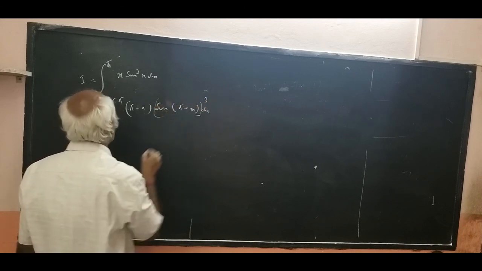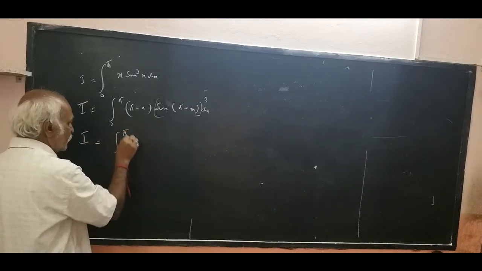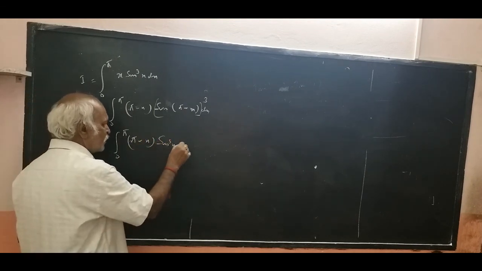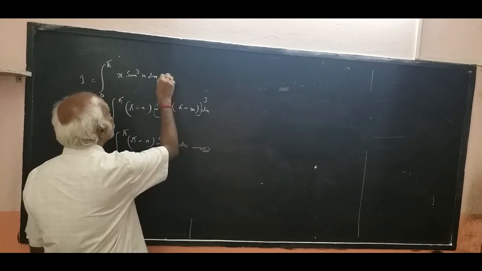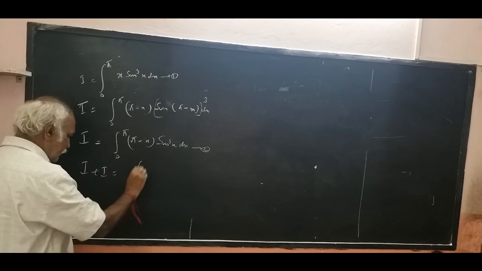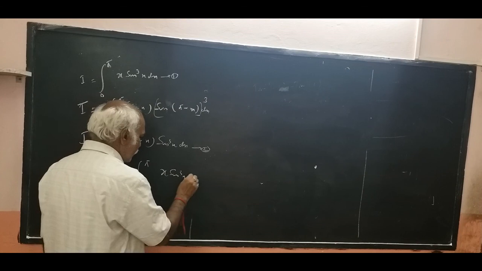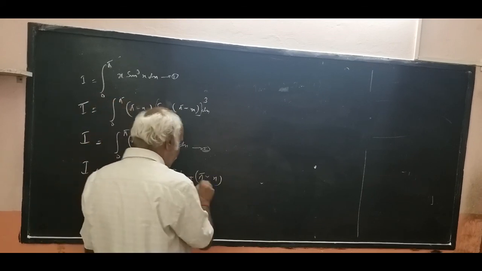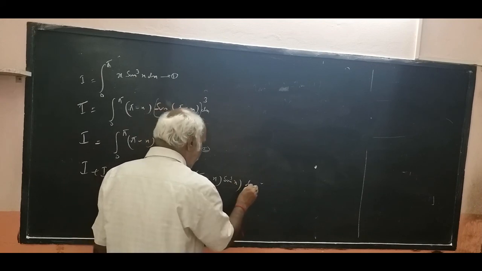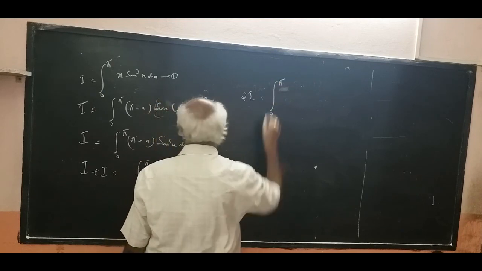So this becomes I is equal to 0 to pi, pi minus x into sin 180 minus theta, sin cube x dx. You call it as second equation, and the earlier one as first equation. So I plus I is equal to 0 to pi, x sin cube x plus pi minus x into sin cube x dx. So 2I is equal to 0 to pi.